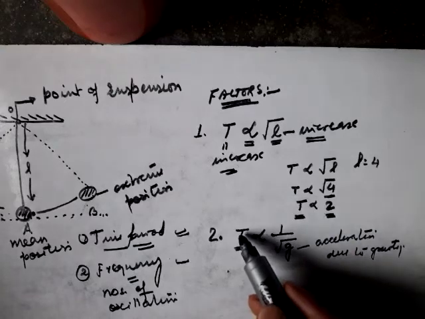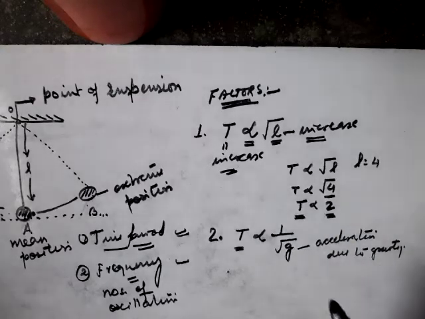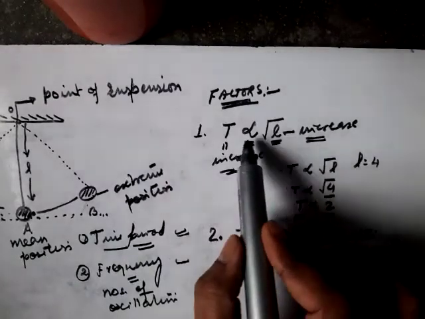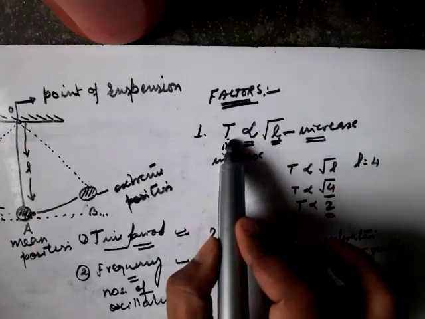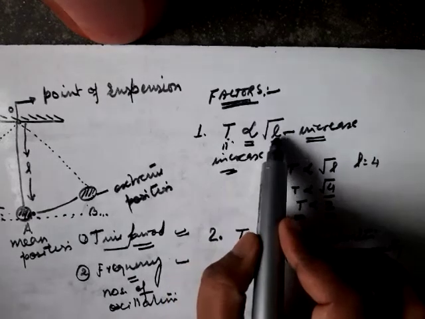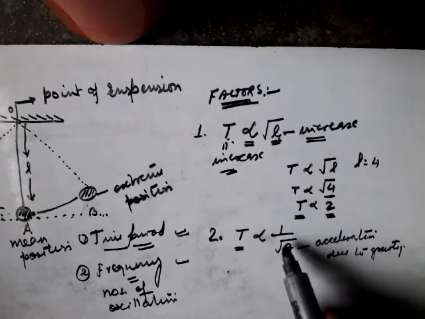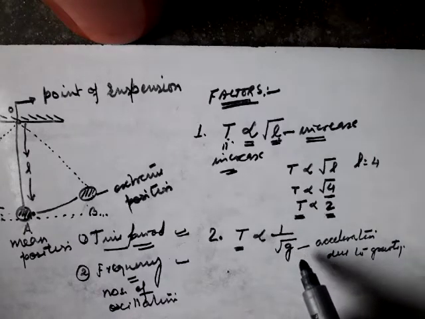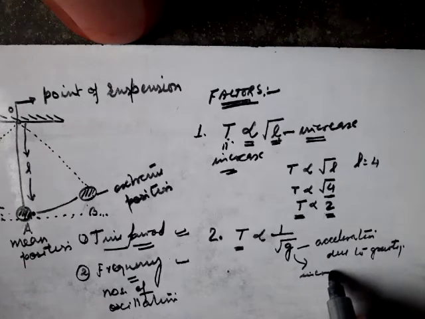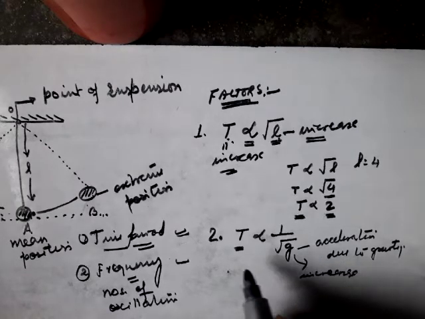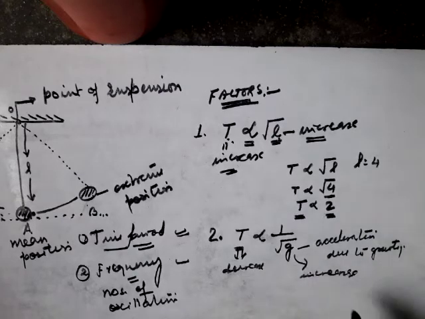So the time period is inversely proportional to the under root of acceleration due to gravity. In the first case, when we increase the effective length, the time period increases automatically. But in the second case, the time period is inversely proportional to acceleration due to gravity, which means if the acceleration due to gravity increases, then the time period will decrease, and vice versa.